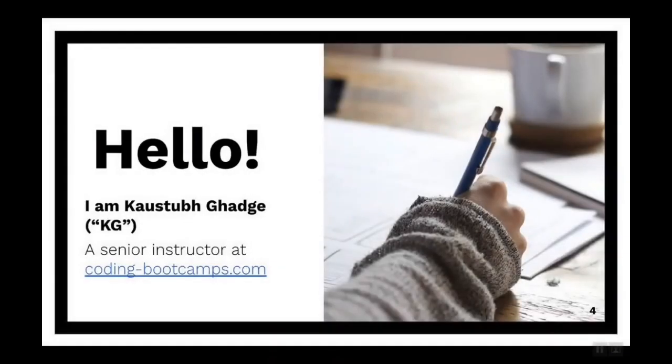My name is Kaustubh Gharge, but you can call me KG. I'm a senior coding instructor at Coding Bootcamps. I'm also co-founder of two startups, Indica Digital and IntelliFlow Systems. Indica Digital is based in Chicago. We provide digital strategy and implementation to entrepreneurs and small and medium enterprises.